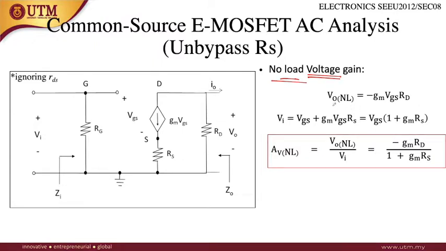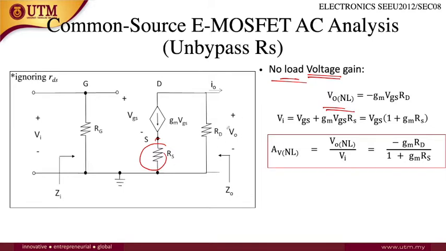No load means that there is no relation with the value of RS at the output, since we assume that there is no current flow here. So the VO output value is minus gm VGS that flows here, times RD.